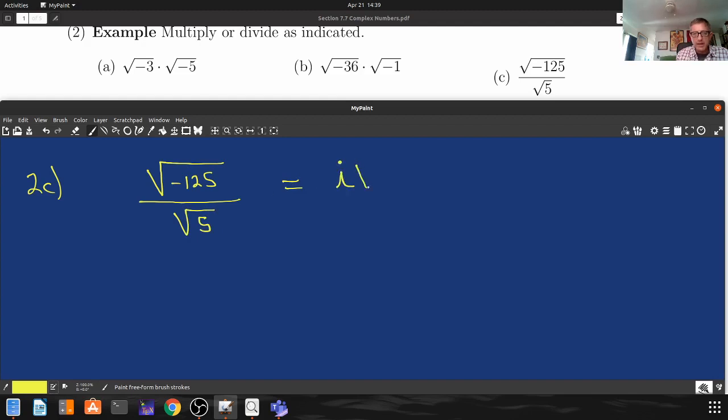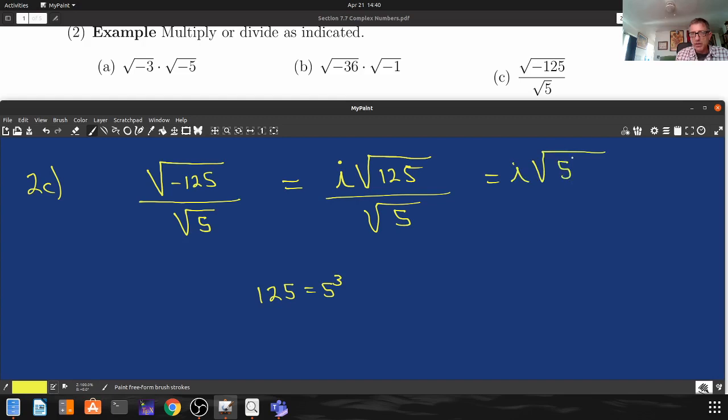That's i times the square root of 125 over the square root of 5. But there are things we can do about simplifying the numerator, because 125 is equal to 5 cubed. Remember that list of cubes I told you to memorize? It's helpful now. So that's i times the square root of 5 cubed over the square root of 5.